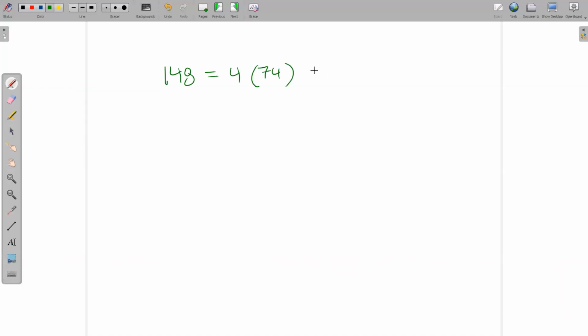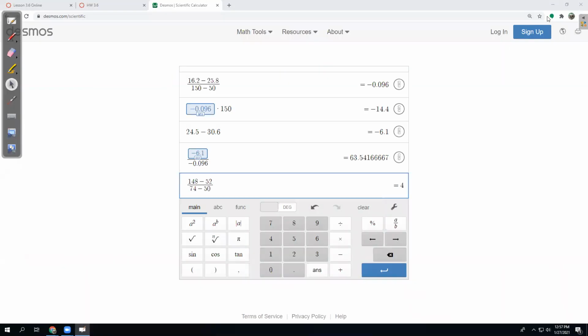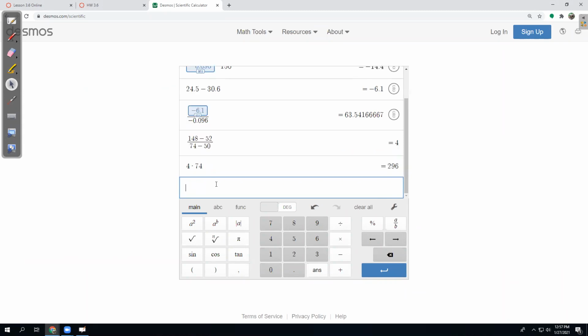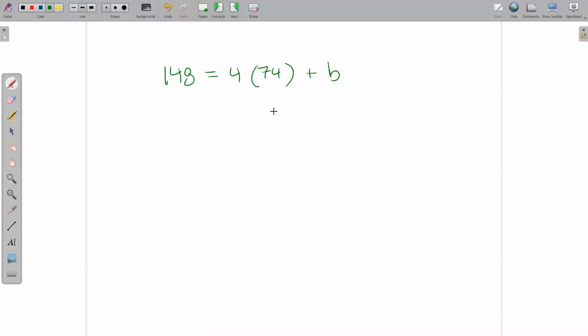And this time I'm going to need my calculator, so 4 times 74, we should get exactly the same number. If they're different, that means you did it wrong. So this is a way I check myself sometimes to make sure I'm doing it right. So there's 296 for this right here.